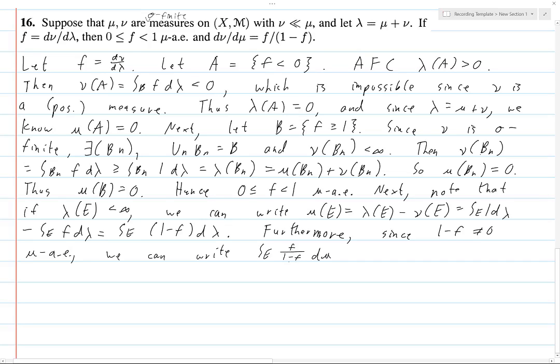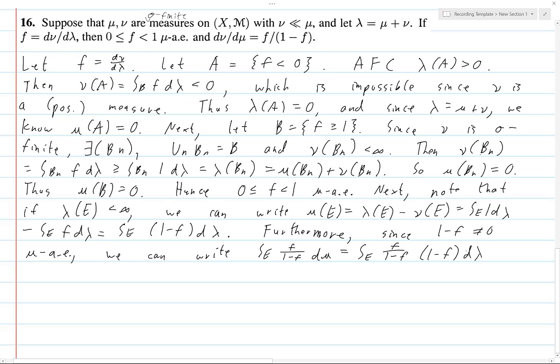This is fine because we don't have to worry about dividing by 0, because that can only possibly happen on a null set. And even if so, you could just set it to whatever you want and it wouldn't affect the integral. But then, because of this previous calculation, we can replace d mu with 1 minus f d lambda. And so, this is true.